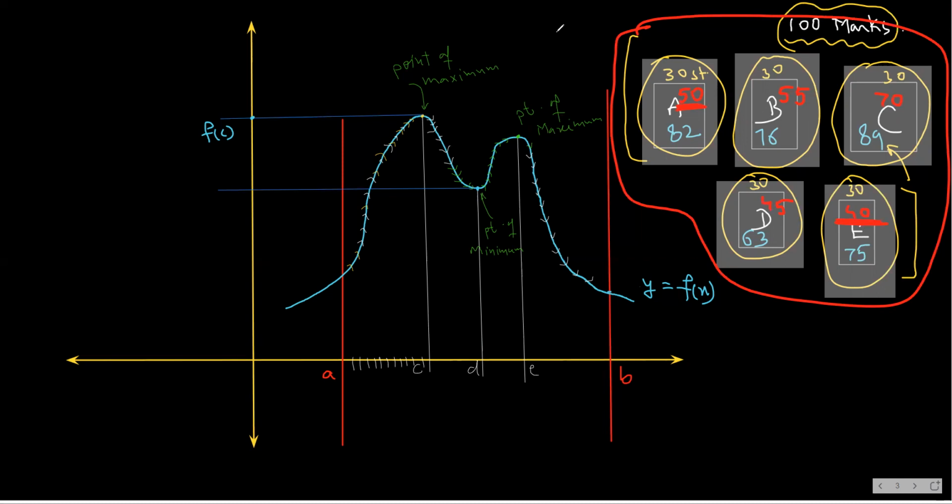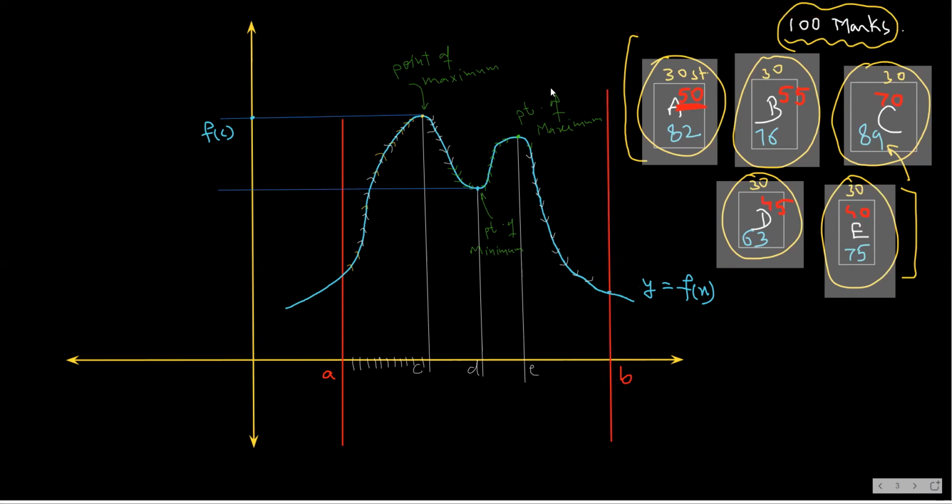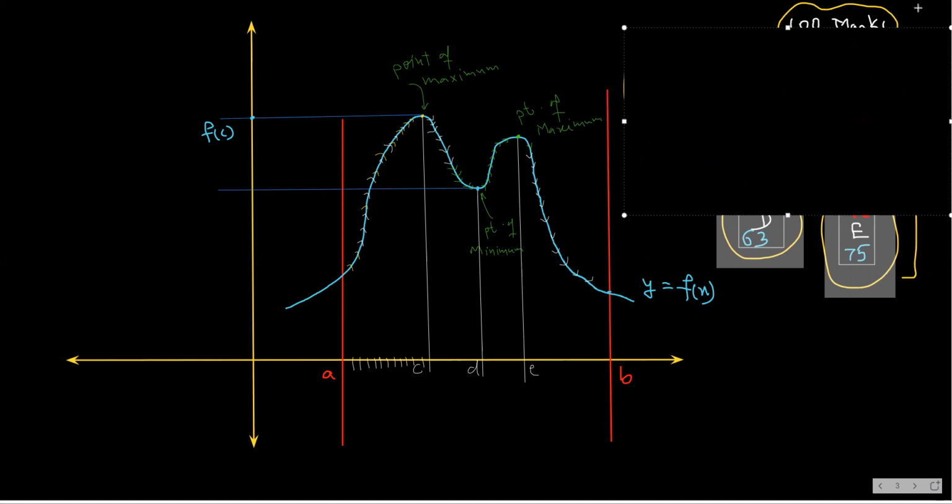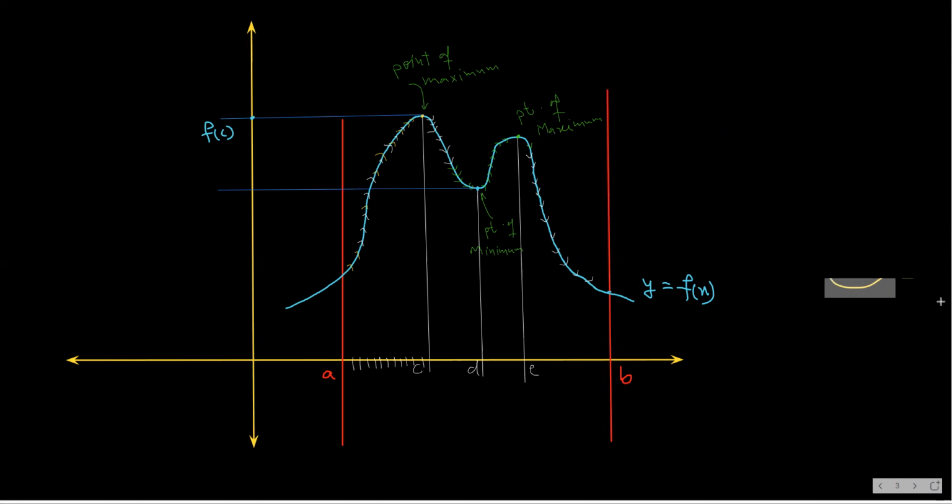So this is what the idea of absolute maximum and minimum is. I hope you followed it. Still, you shouldn't be worried, because as we progress, you will understand much more about it. So here we have 2 points of maximum and 1 point of minimum.